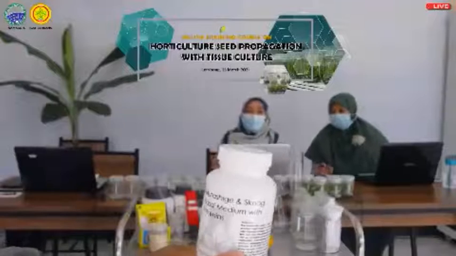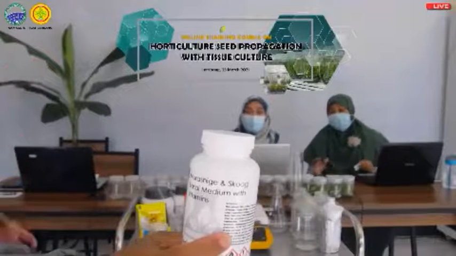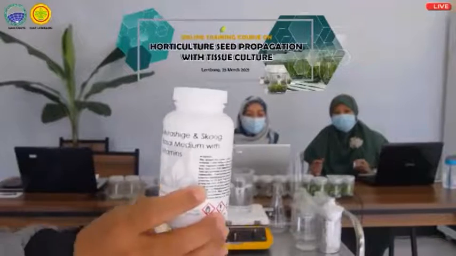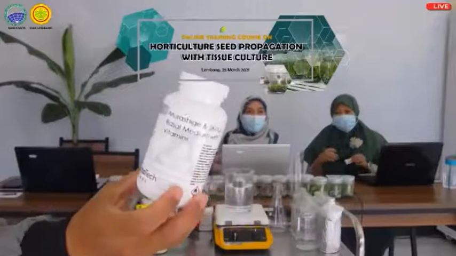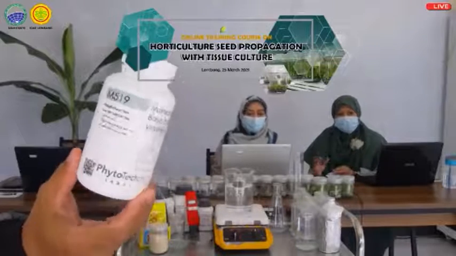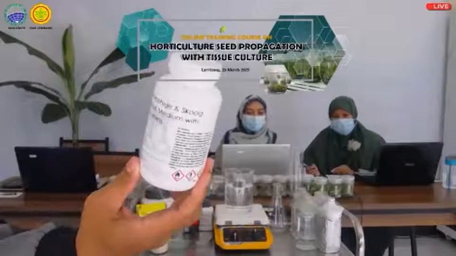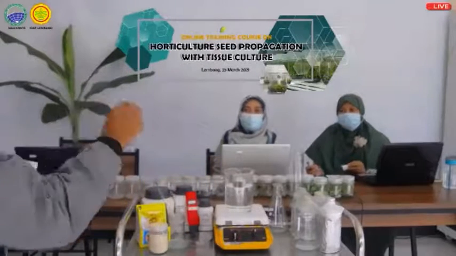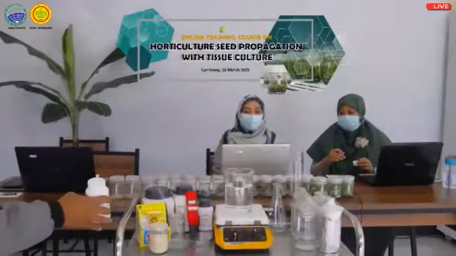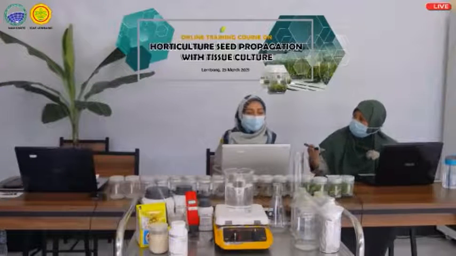One media for all plant lands. It's already in the package, so you don't have to add the nutrients one by one. The nutrients are already included in this instant media, so you can use it directly to make your tissue culture media. You just weigh it, pour it into the beaker glass, and also add the sugar.